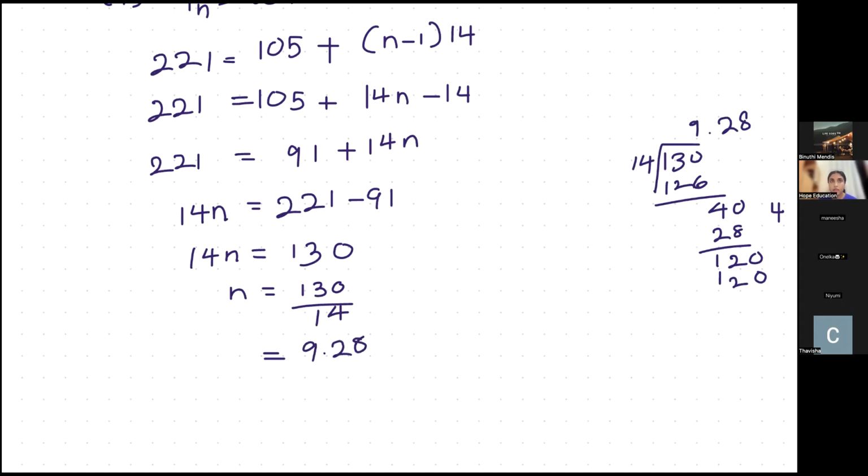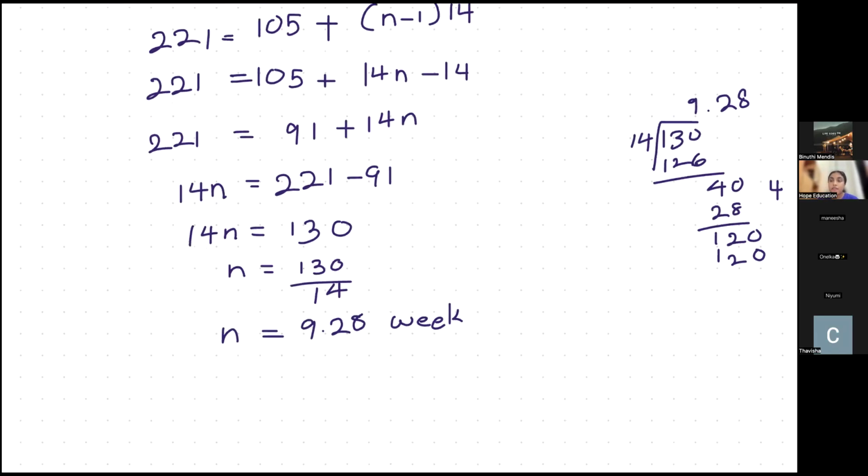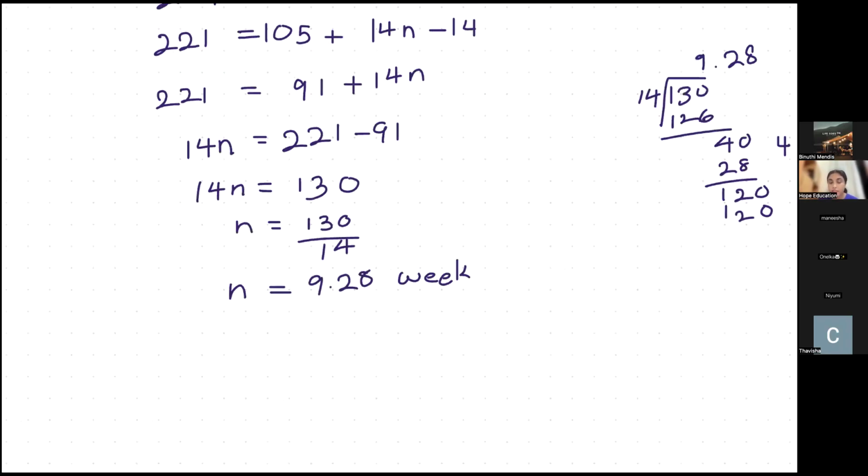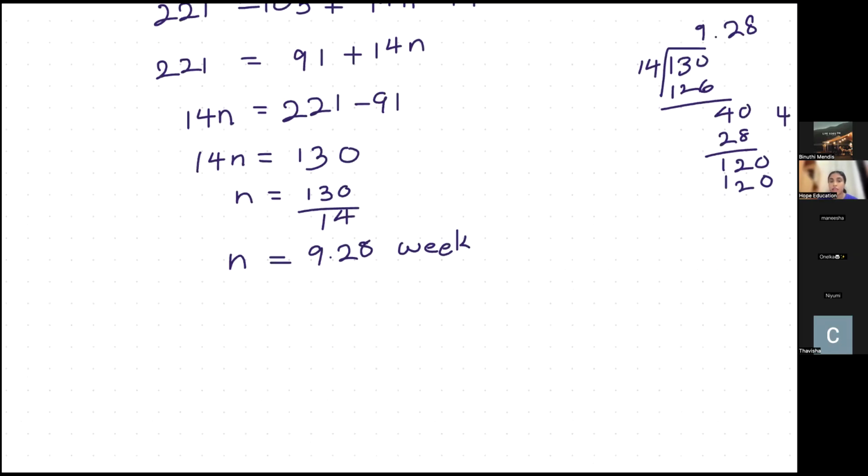Okay. So 9.28 is not a week. For a week there can't be decimals. Either it's the first week, second week, third week, fourth week, likewise. So 9.28 means it can't be the 9th week.